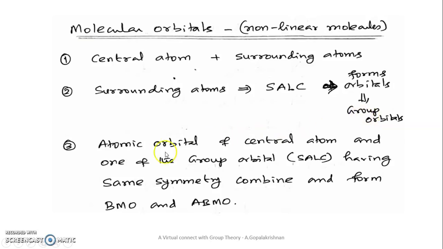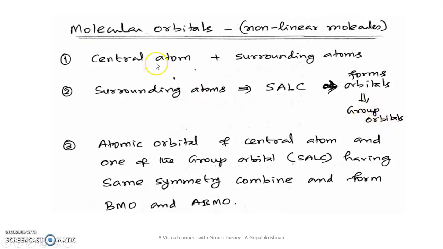Now the atomic orbital of the central atom and one of the group orbitals having the same symmetry combine and form a bonding molecular orbital and an anti-bonding molecular orbital. Are you able to understand how molecular orbitals are formed? There is an atomic orbital of the central atom, and you take one orbital from the group.